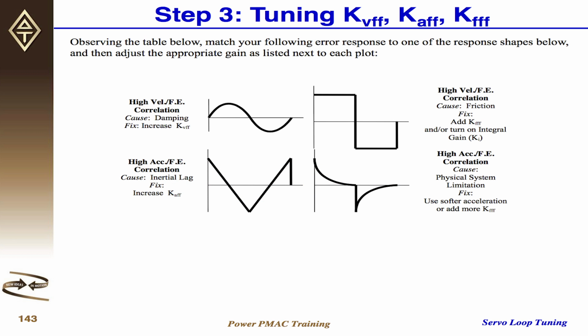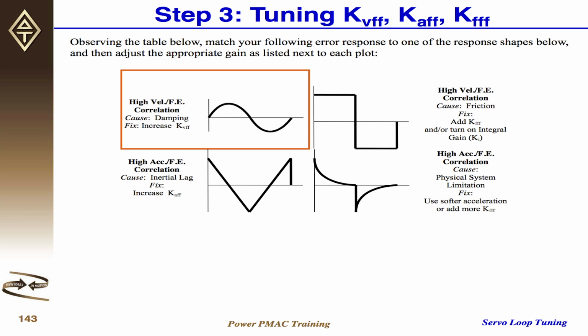So if you see that your following error is highly correlated with the velocity profile, in other words, the following error is right on top of the velocity profile, you need to increase kVFF.